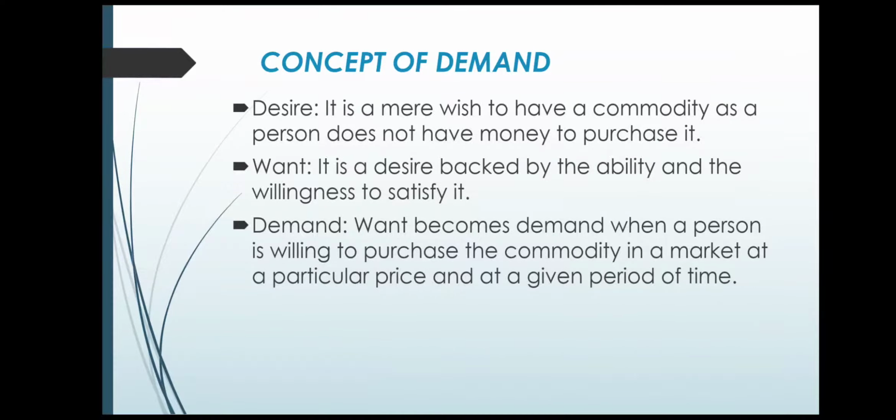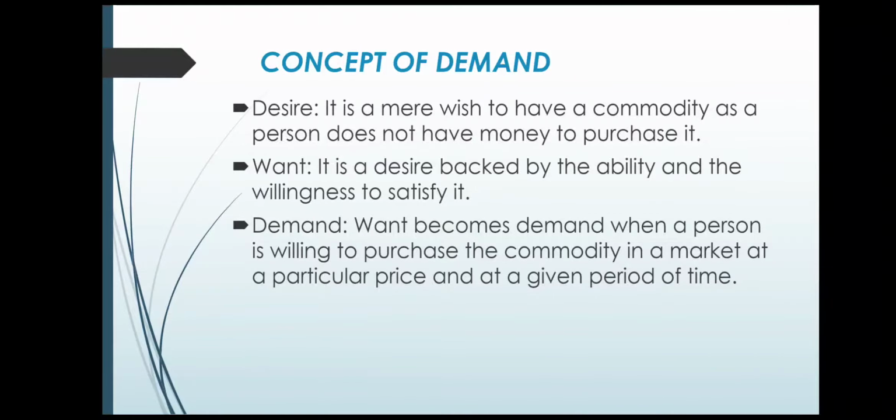Ability refers to that the person has got money to pay for that commodity, and willingness refers to that a person has got money and is also willing to spend that money in order to get that product.